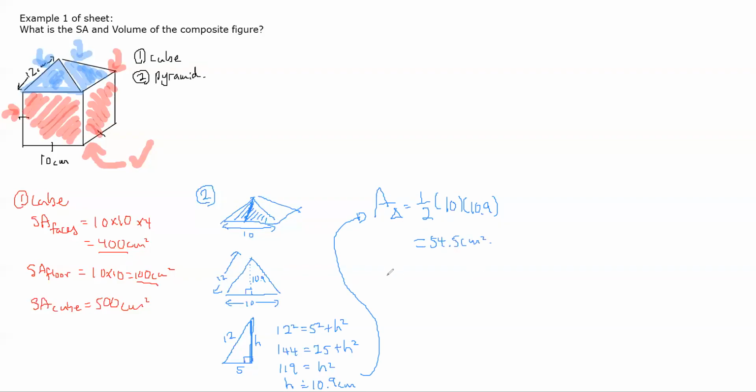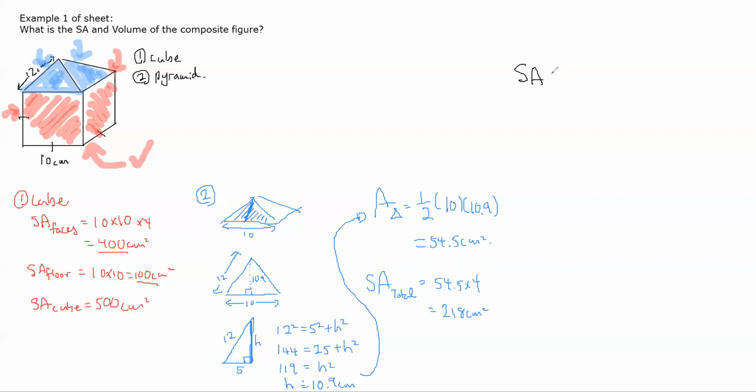How many triangles do I have? 4. The surface area of the total pyramid would be 54.5 times 4, which is 218 centimeters squared. It's a bit long-winded, but this is what it takes to calculate surface area.